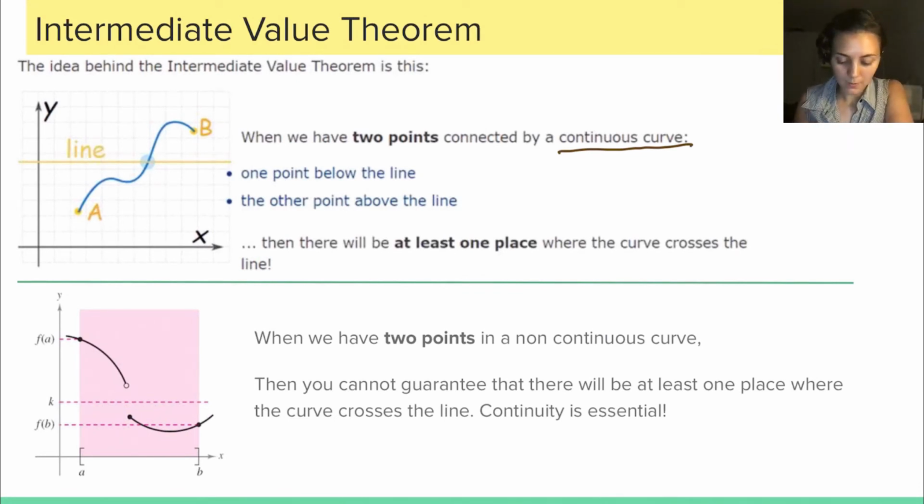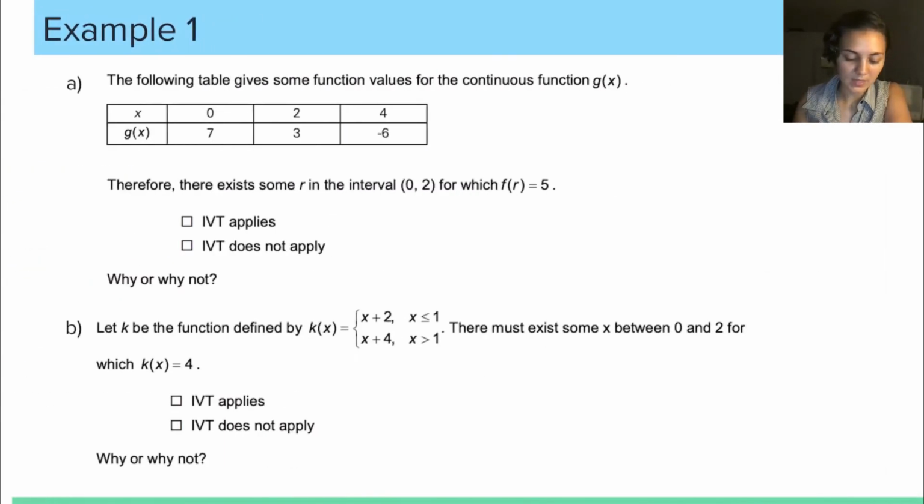However, if a function is not continuous, then you can't guarantee that there will be at least one point where the curve crosses the line. It shows how it draws K right there, and it's like, nope, even though the function goes from a point that's above K to a point that's below K, if it's not continuous, there's no guarantee that the function will equal K. All right, let's look at some examples.